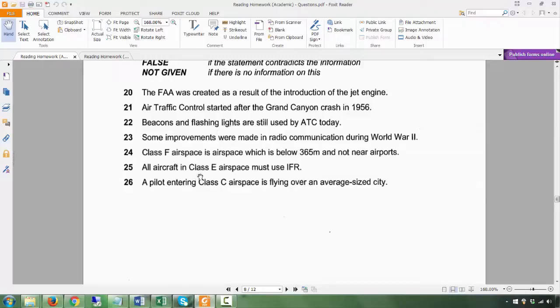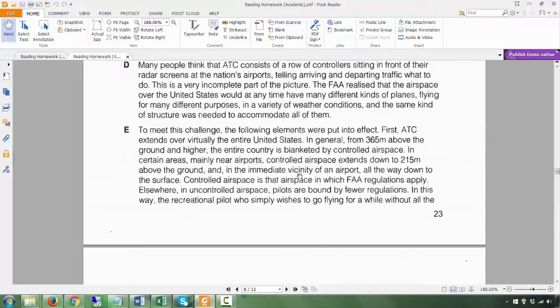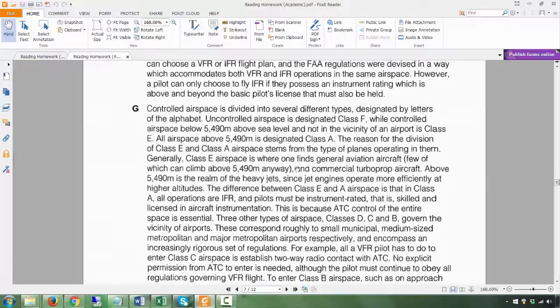All aircraft in Class E airspace must use IFR, and that is false. G. The difference between Class E and A airspace is that in Class A, all operations are IFR. Now, what is IFR?